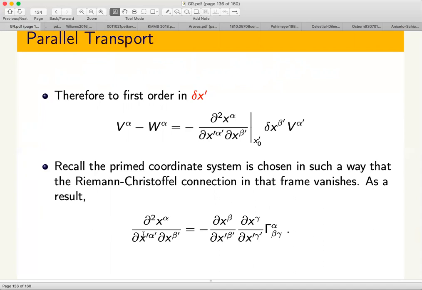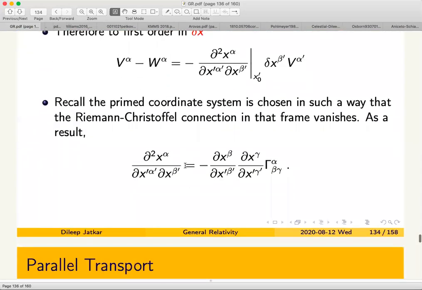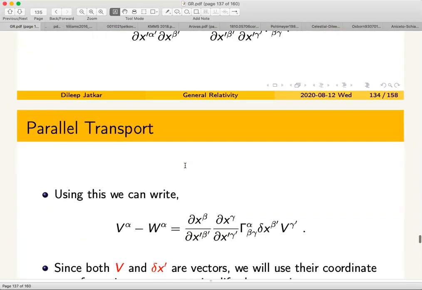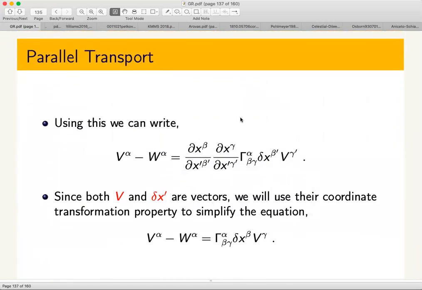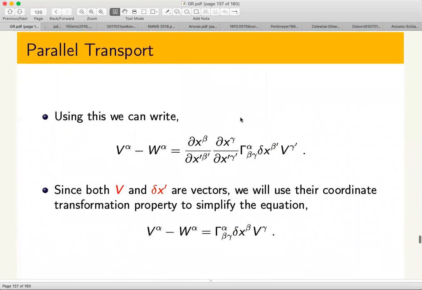Since that piece is 0, I set this term equal to minus of that term. So we'll replace this term by del x beta by del x beta prime, del x gamma by del x gamma prime times gamma, and a minus sign, of course. If you put that back, you get an expression like this. Does that make sense?